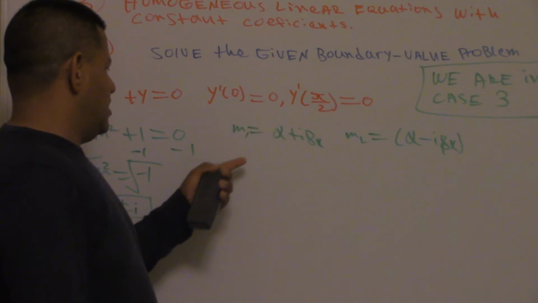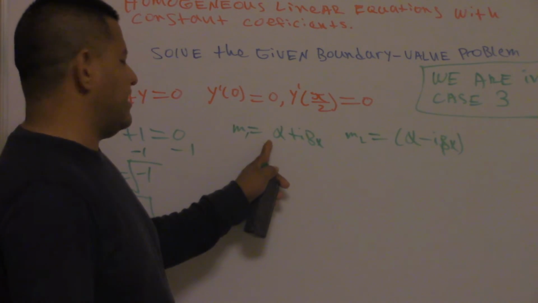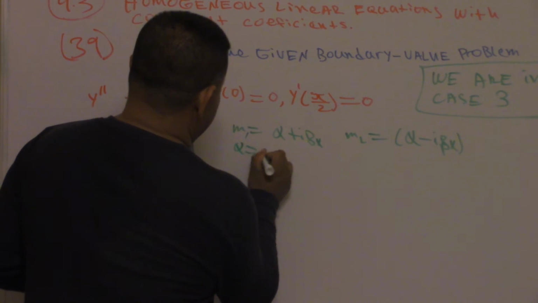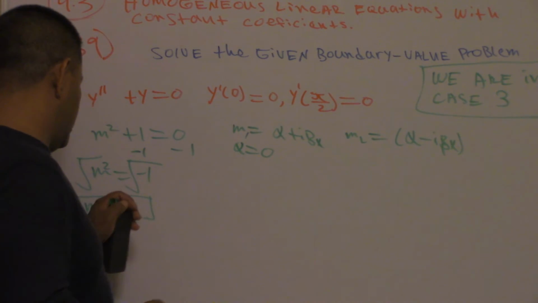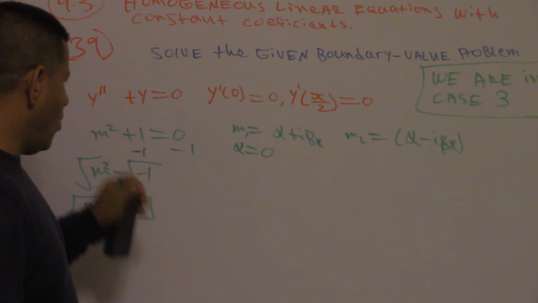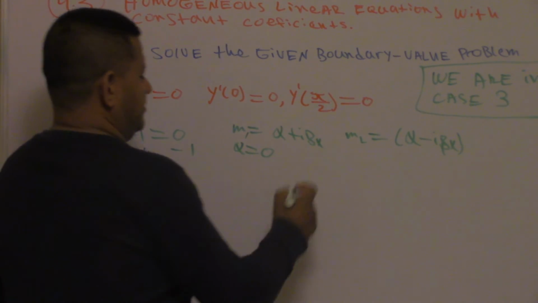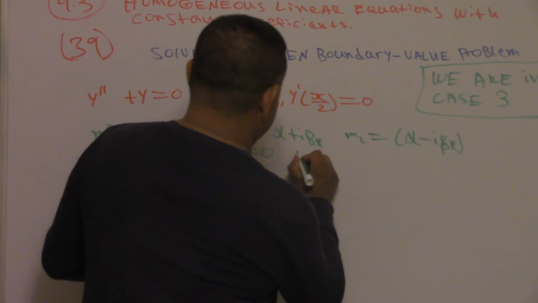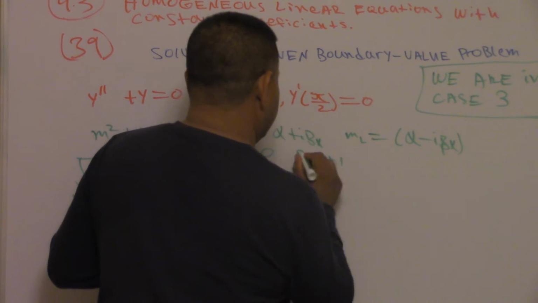Notice that over here, I don't have an alpha. So that means that alpha is equal to 0 and beta is equal to plus or minus 1, which is the coefficient of i. So beta is equal to plus or minus 1.